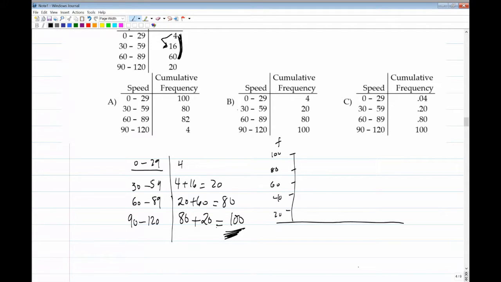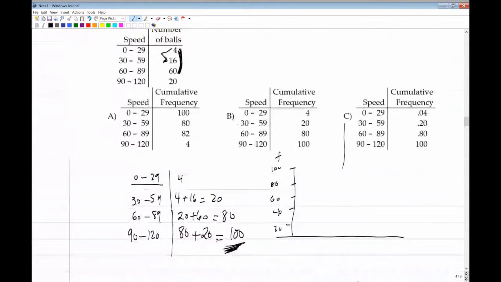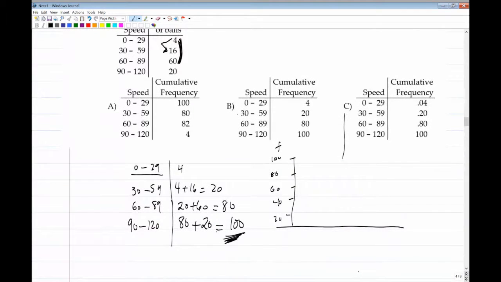Then on the number line, we put the class on the x-axis and the frequency on the y-axis, going to 15, 45, 75, and then 105 and so on.